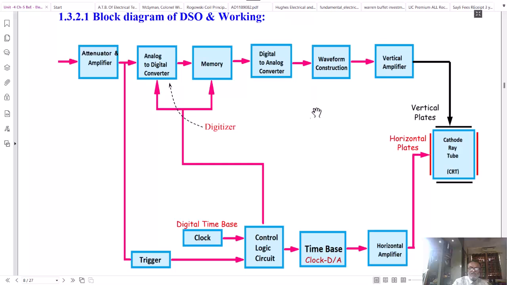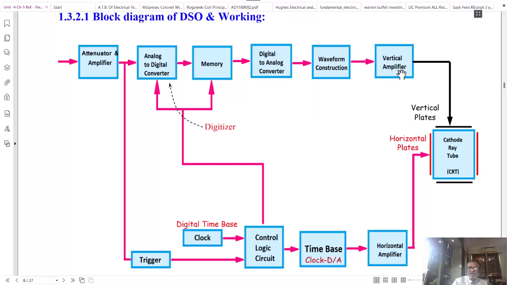The function of the time-base generator is to pull the electron beam from left to right linearly, whereas the vertical amplifier function is to amplify the y-axis signal so that it will deflect the beam from bottom to top.